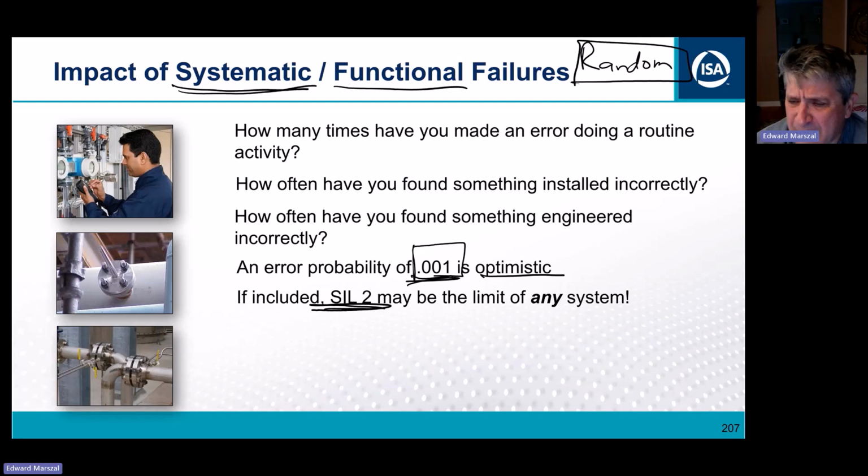To try to put all your eggs into that one SIL 4 system seems like a crazy thing to do. But a lot of organizations, when they get to SIL 3, are also like, I don't know about that. So that SIL 2 limitation kind of matches up with gut feel, saying that I don't really want to try to design a system that's even SIL 3, let alone SIL 4.